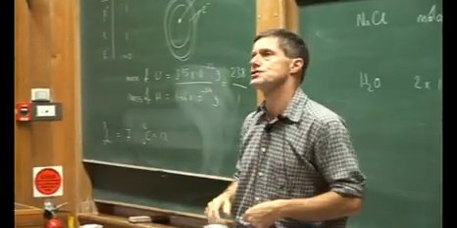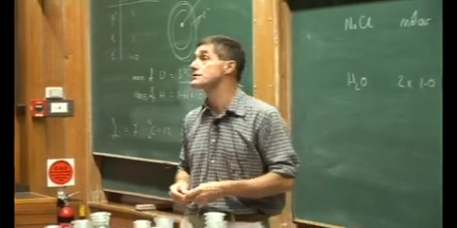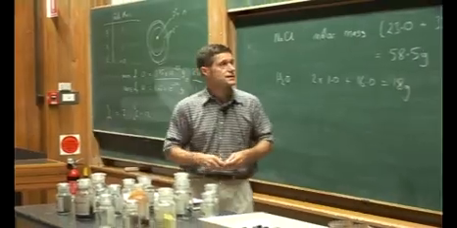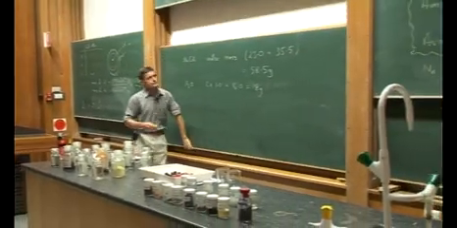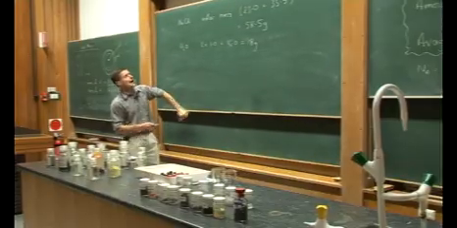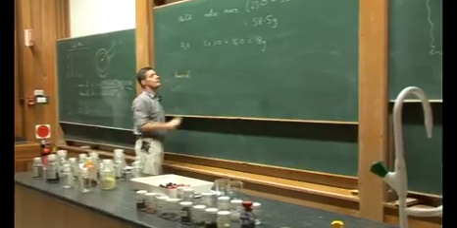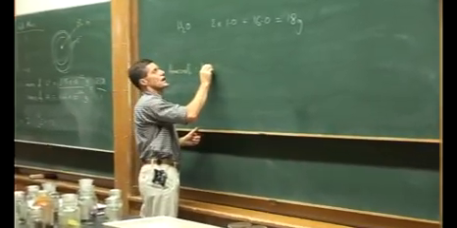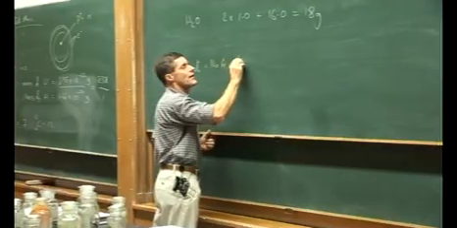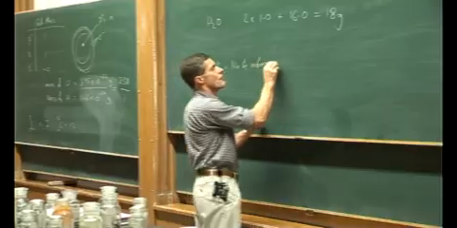So we could ask the question, how many moles of salt are there in 125 grams of sodium chloride? An amount in chemistry very specifically means the number of moles.